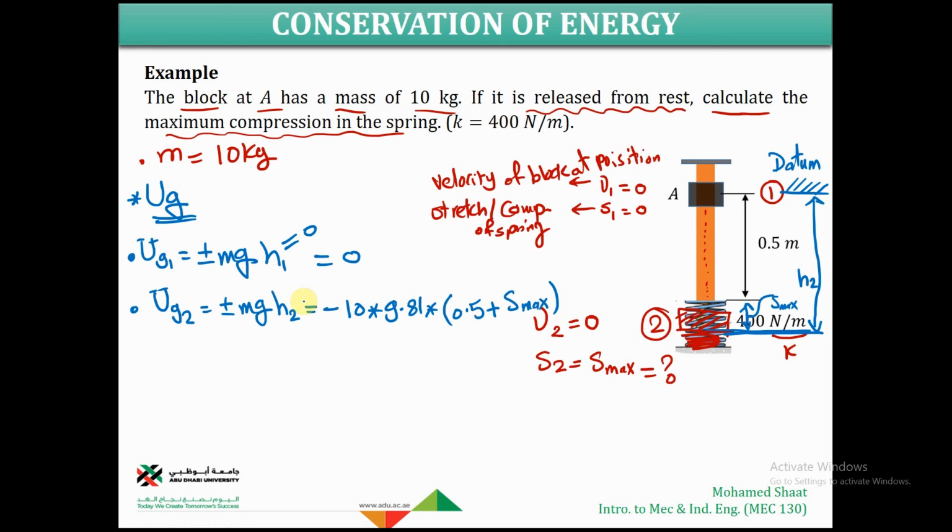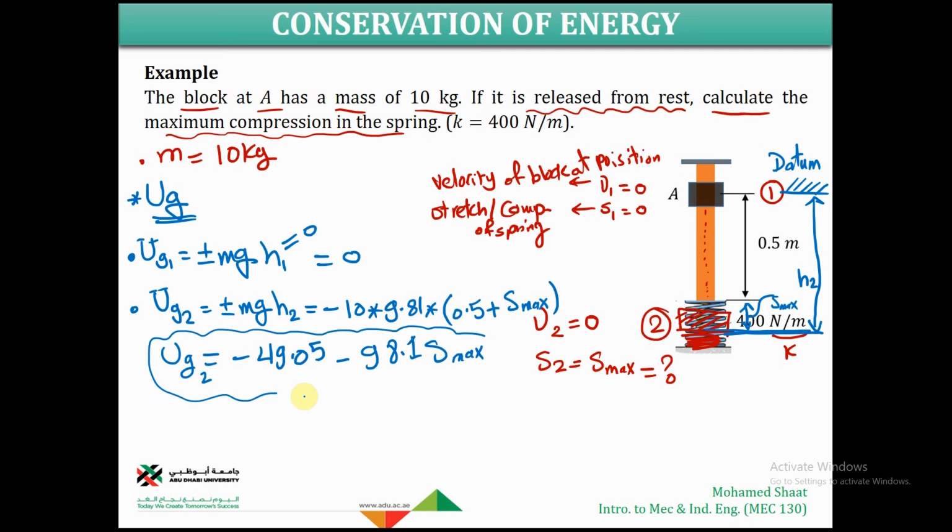If we do some simplification of the calculations here, we end up with 10 times 9.81 times half. So this is going to give us the negative of 49.05 negative 98.1 S maximum. So this is the maximum compression. This is going to give us the potential energy at position 2.